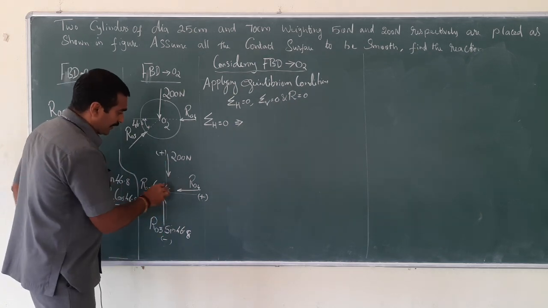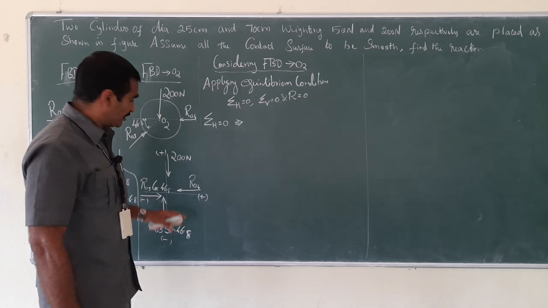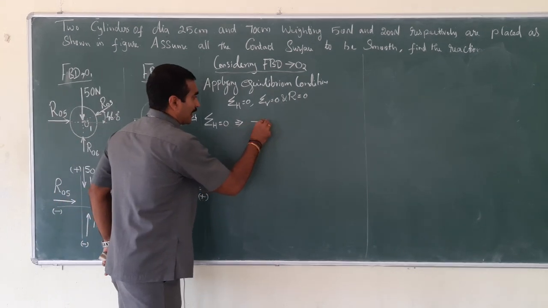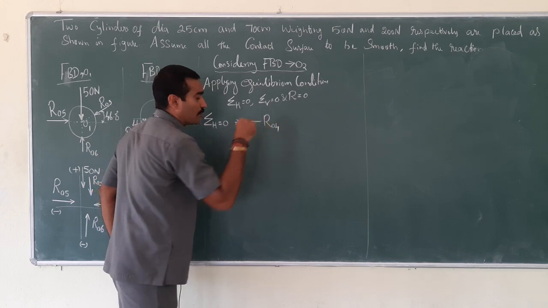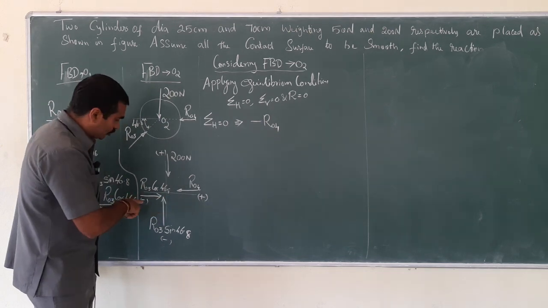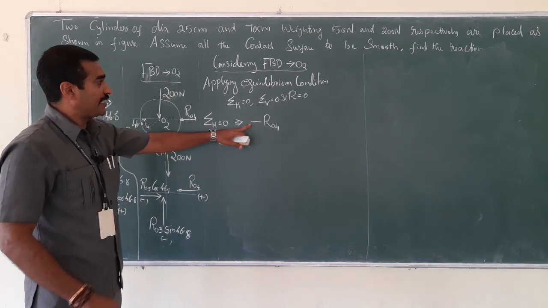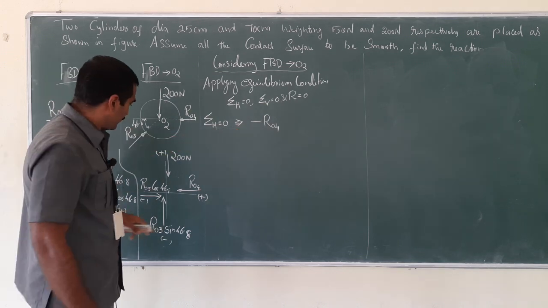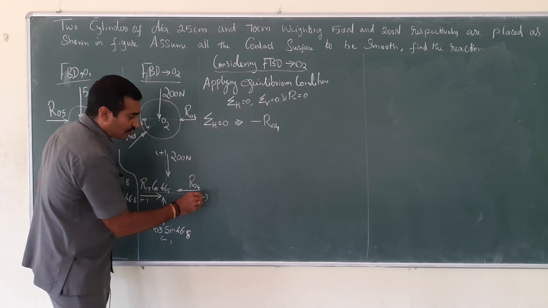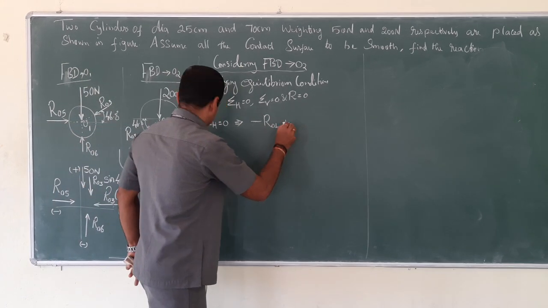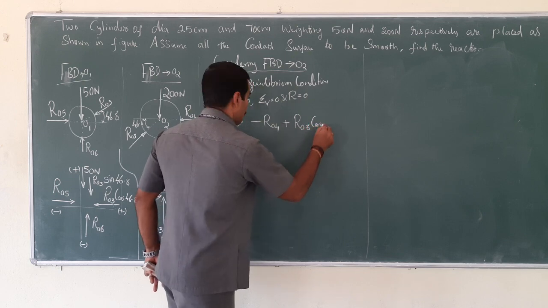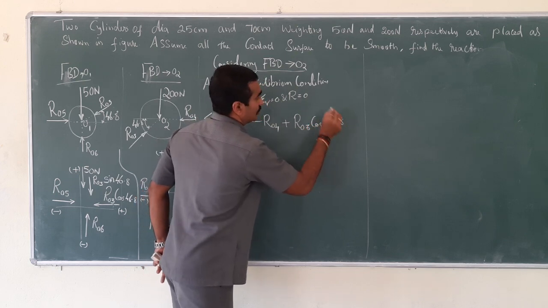After this, look at here, 2 forces which are acting horizontally. R04 is in the negative direction. This arrow is heading towards the minus X direction, so it carries a minus symbol. Then next, look at the R03 which is pointing towards the positive X direction, therefore plus R03 cos 46.8.